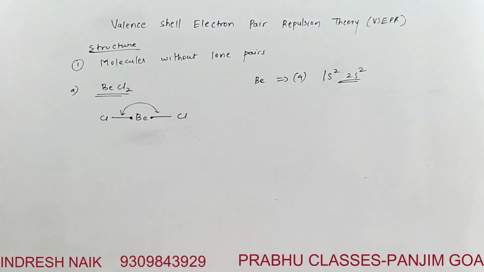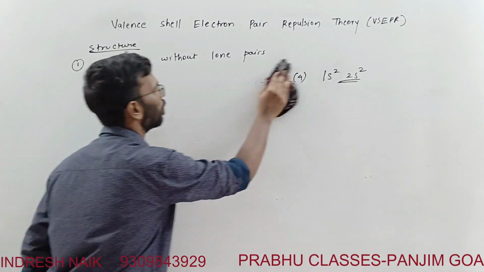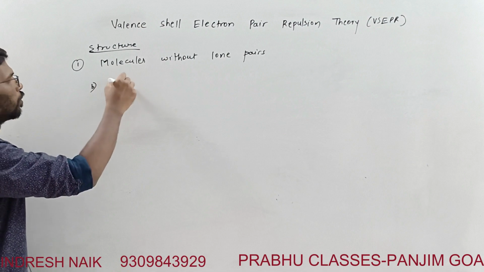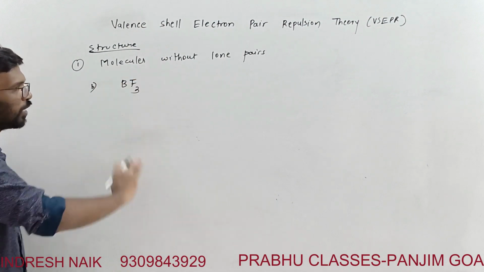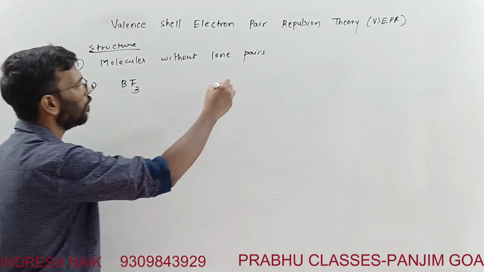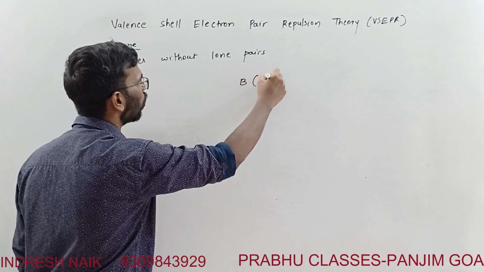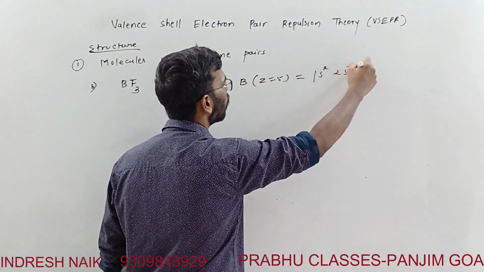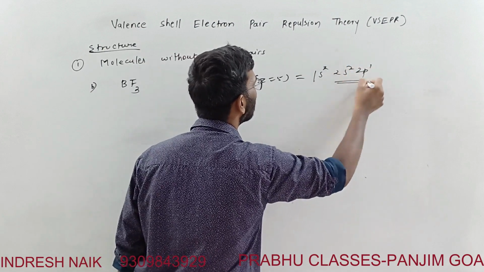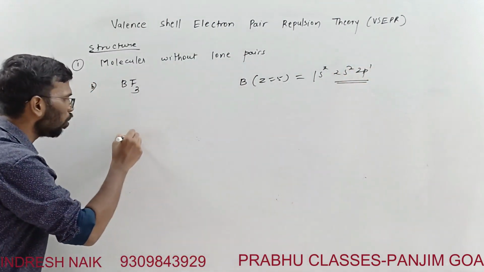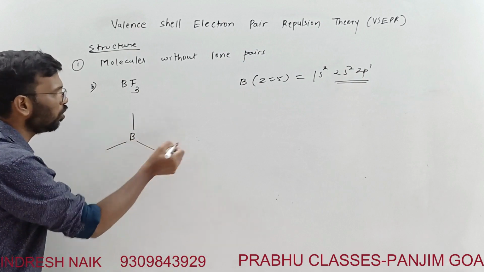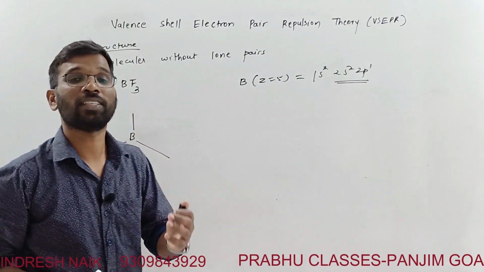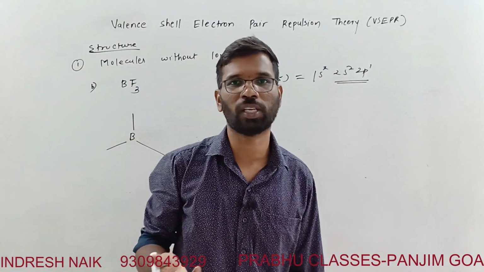Next, we'll take the example of BF3. Boron has atomic number 5, electronic configuration 1s2, 2s2, 2p1, so it has 3 valence electrons. This molecule is a limitation of the octet, which comes under the limitations of the Kossel-Lewis dot theory.